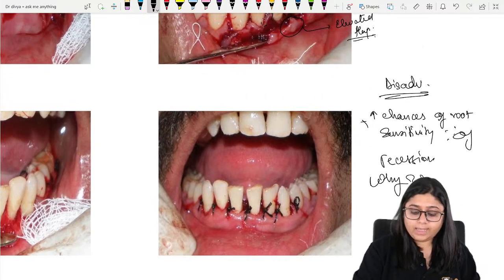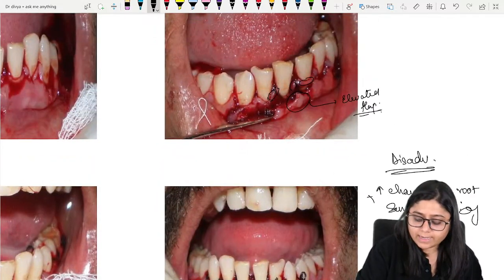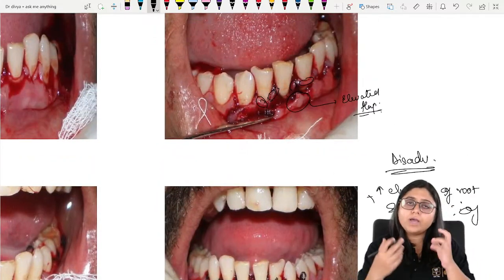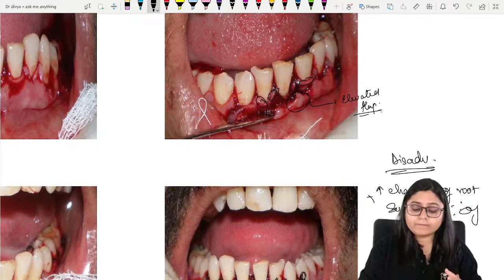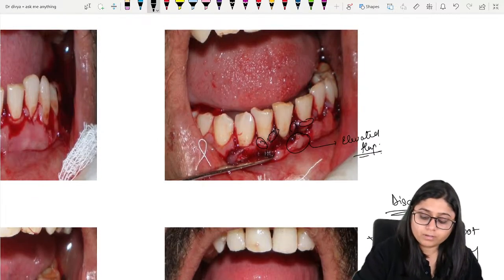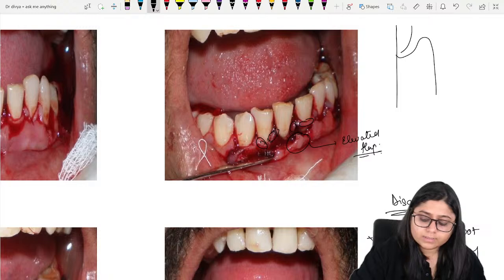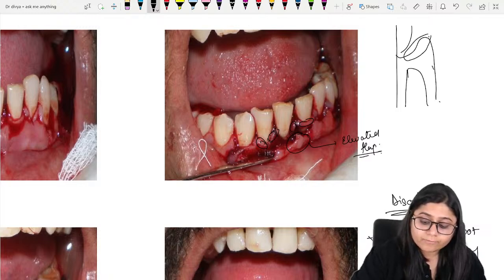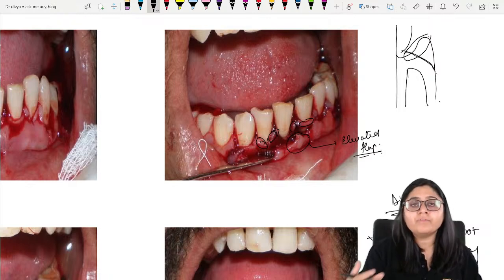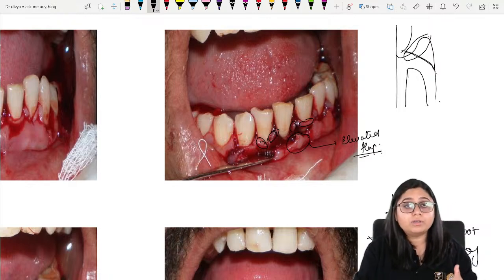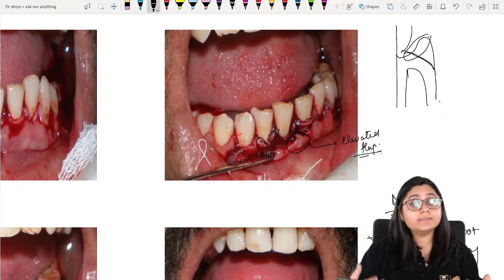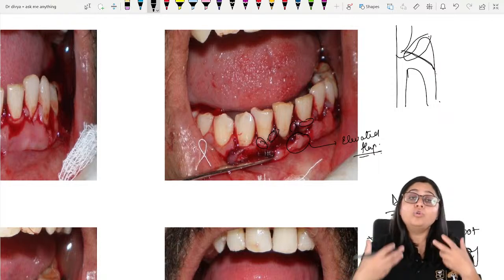It was there because we have separated this lining. We have removed a part of the gingiva, right? If this is the tooth, we have removed this much part and then we are suturing back. So what have we created? We have created a recession. So there are chances of developing sensitivity. There are chances of developing root caries.